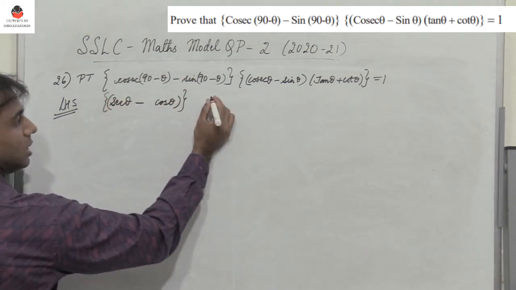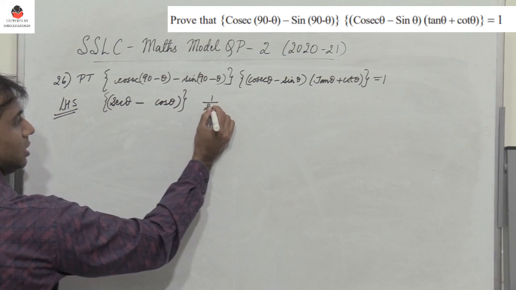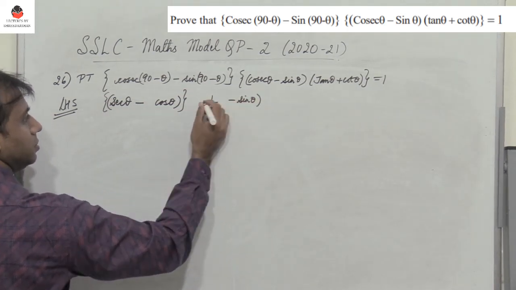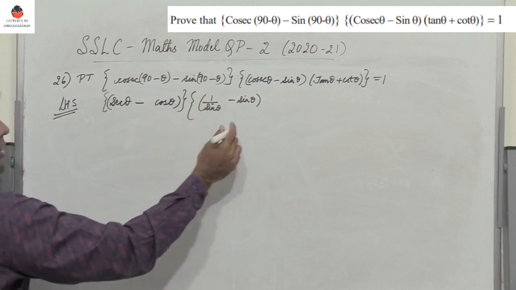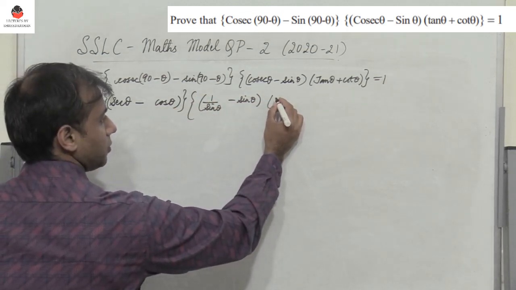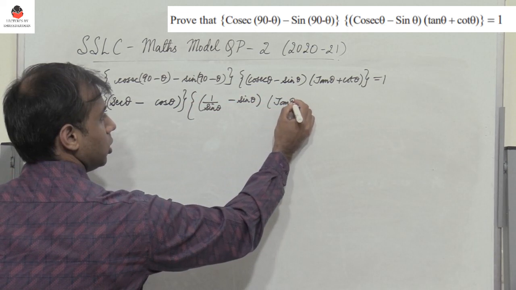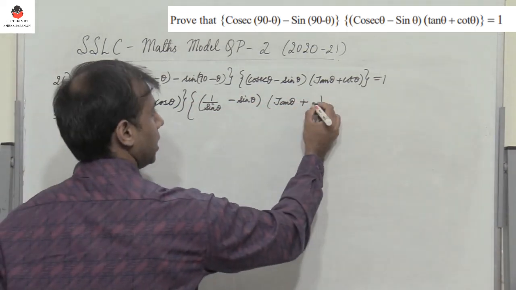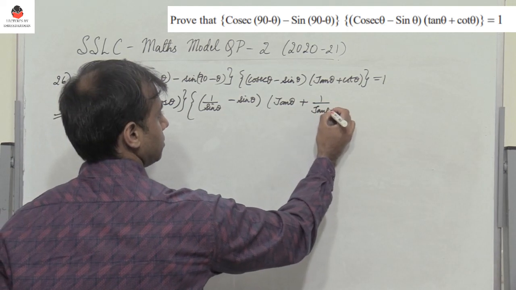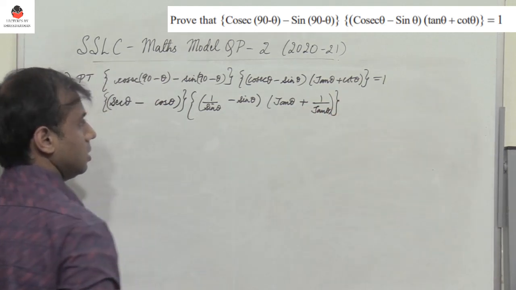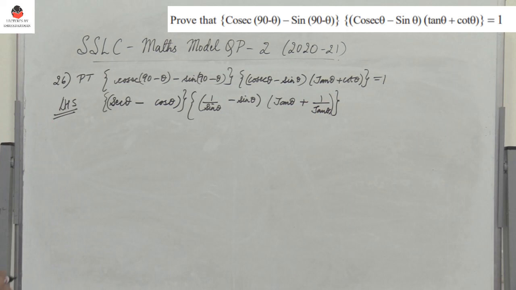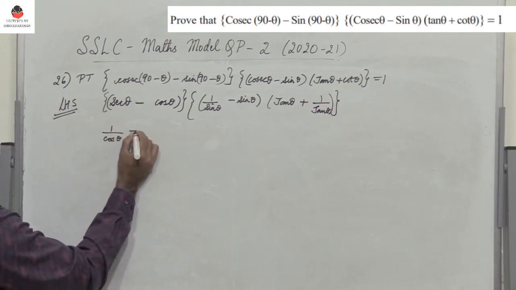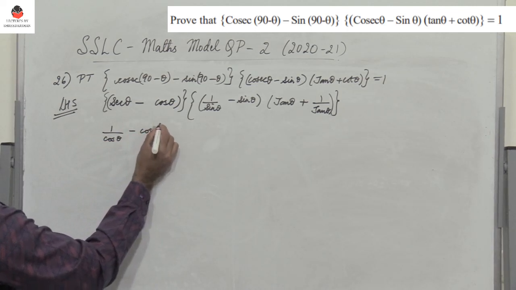Now I know that cosecant theta is 1 by sine theta minus sine theta. And here I have tan theta, and what is cot theta? It is 1 by tan theta. So I have 1 by tan theta. Alright. Now what is secant theta? Secant theta is 1 by cos theta minus cos theta.